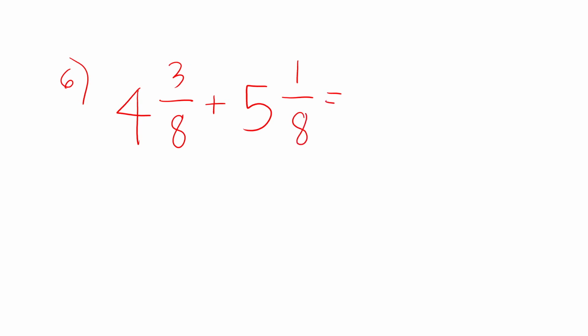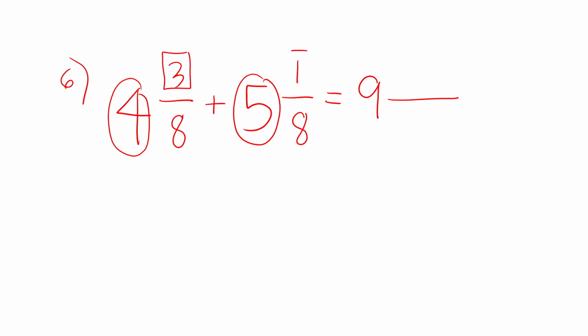What if you're having 4 and 3 over 8 plus 5 and 1 over 8? So there is now a mixed number plus a mixed number. How do I add this? Add the whole numbers. What is the sum of the whole numbers? 9. I added 4 and 5 to get 9. Add the numerators: 4.